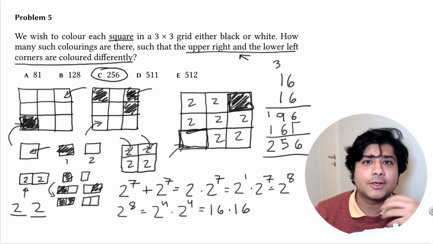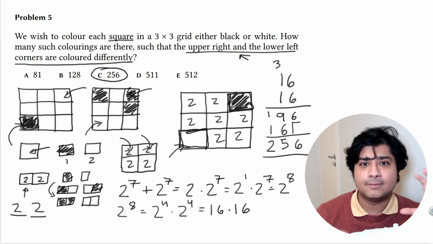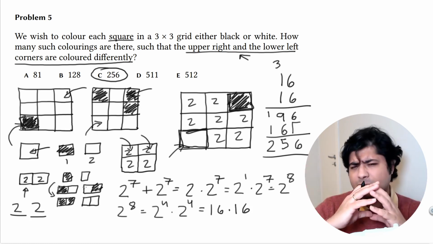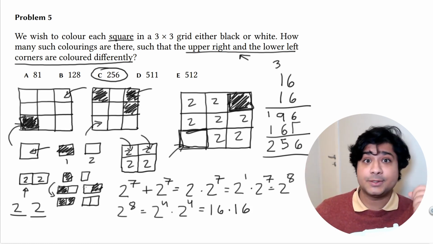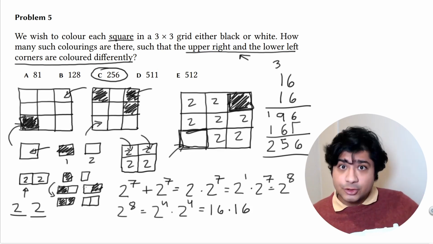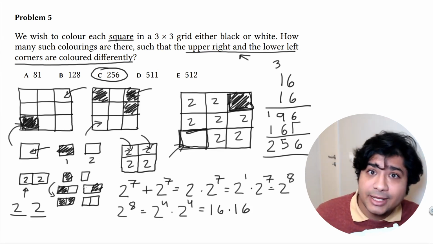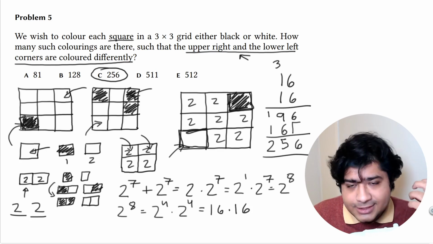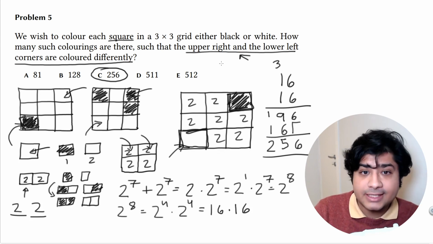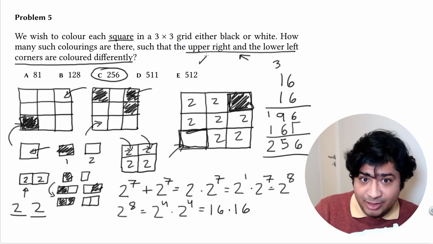And then we figured out, okay, so in order to get possibilities for a bigger grid or more squares, all you've got to do is just multiply those possibilities together. In this case, it's easy: black and white, 2 times 2 times 2, however many squares there are. And then at the end, of course, we figured out that there are only 2 possibilities for this case being true.